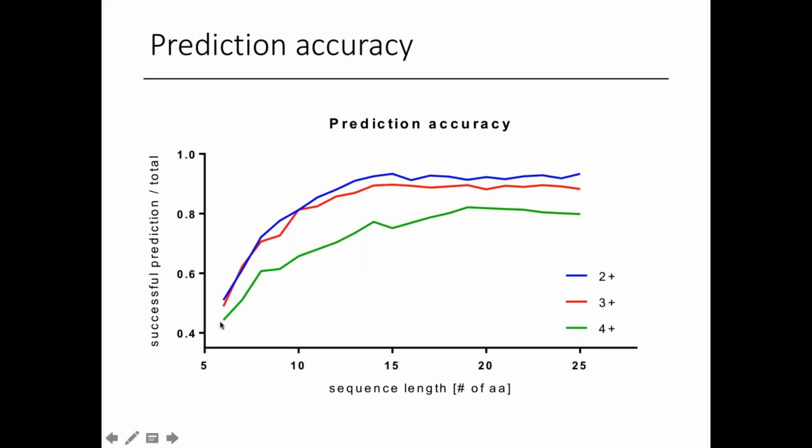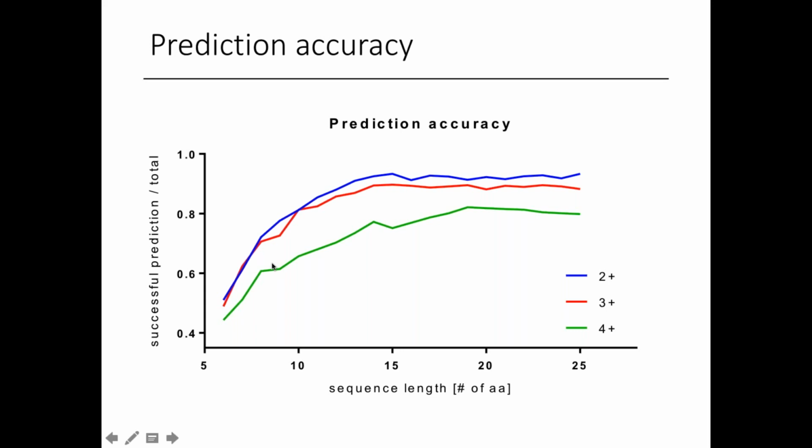For shorter peptides, if the peptide consists of only 6 amino acids, we can only do around 50% successful prediction. When it's 10 amino acids long, we can do almost 80% for charge 2 and 3, and 65% for charge 4.